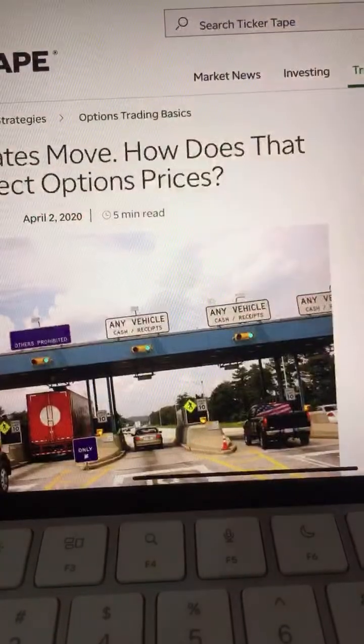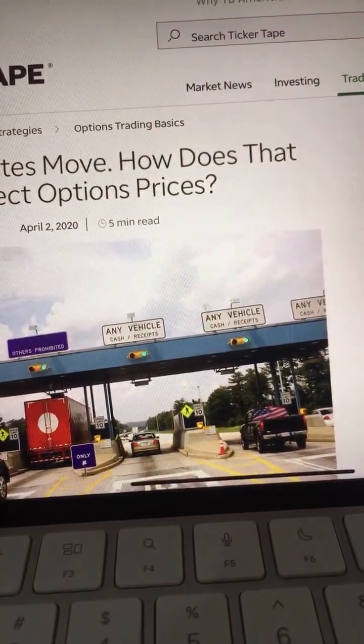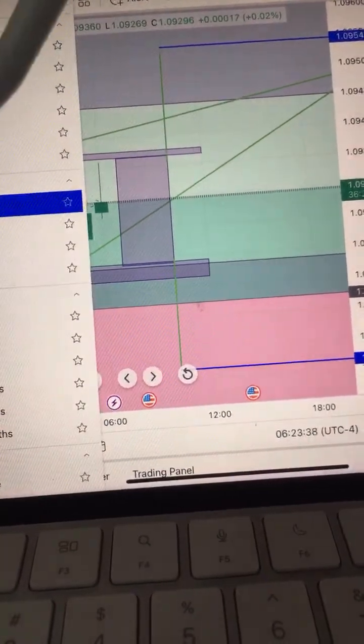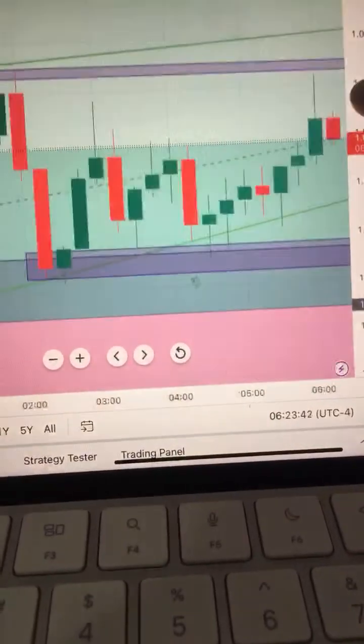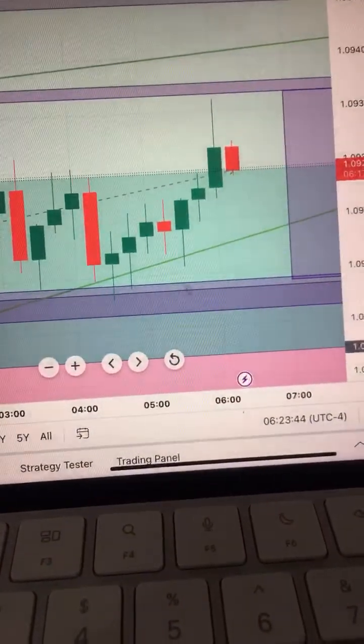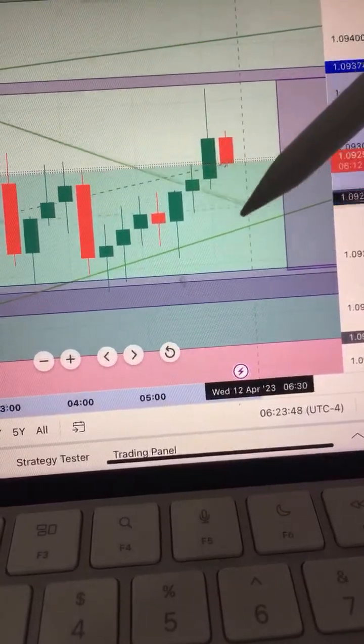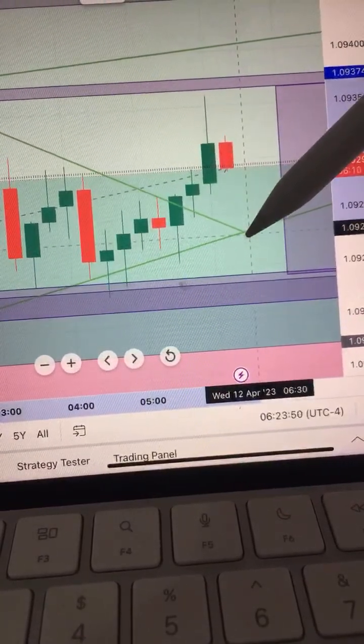So let me break it down to M15 and see if there is a confirmation for a buy, since the main trend is the bulls.